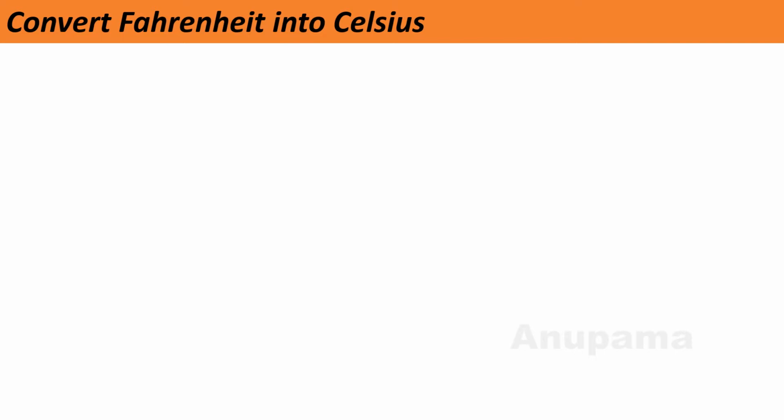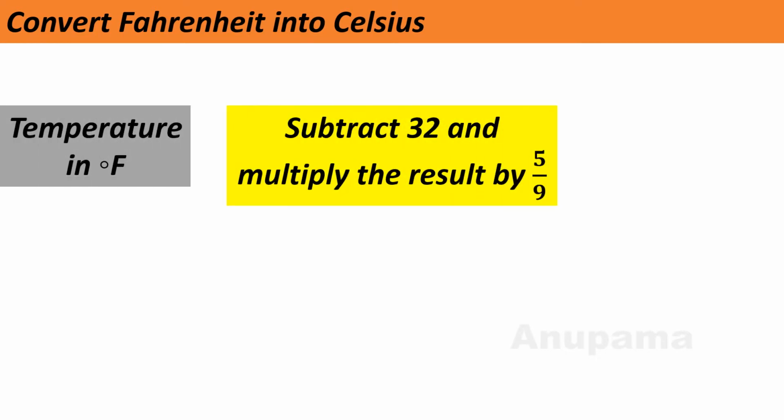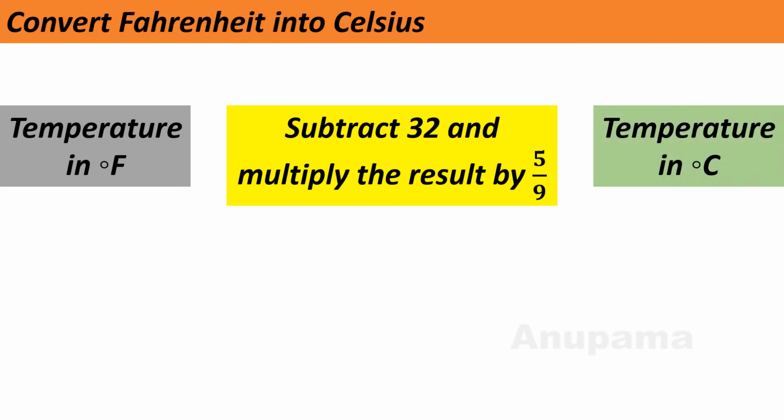If temperature is given in Fahrenheit, then you just need to subtract 32 from the temperature and multiply the result by 5/9. Then you will get the temperature in degrees Celsius. It means to convert Fahrenheit to degrees Celsius, the first step is subtract 32, then multiply by 5/9.